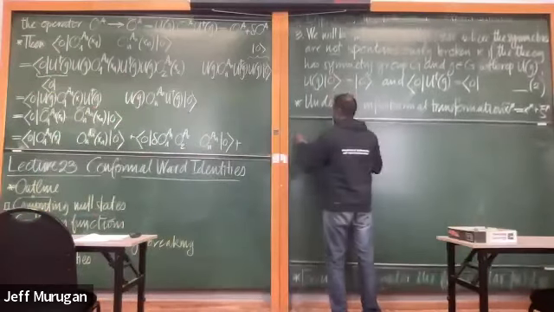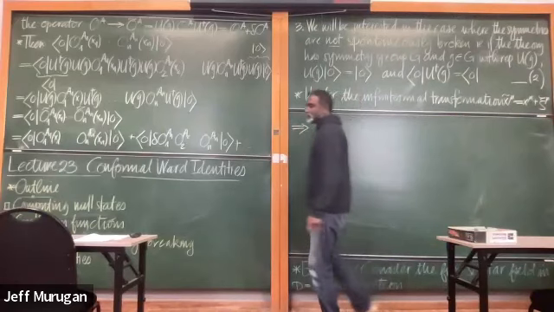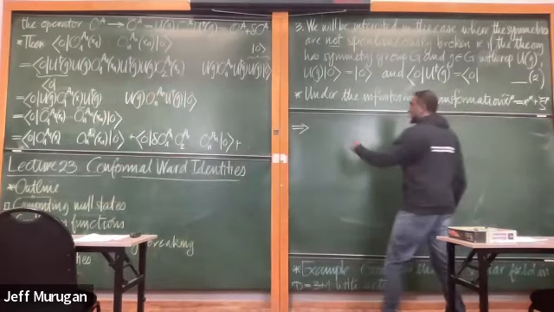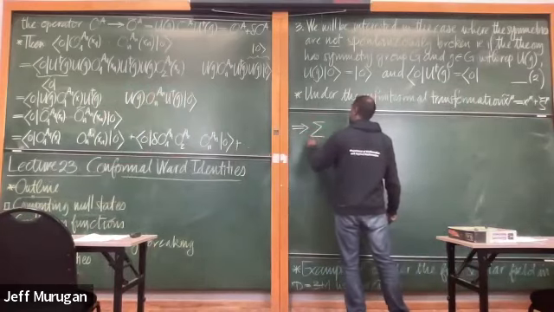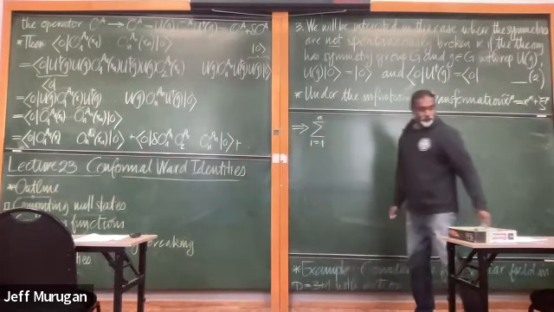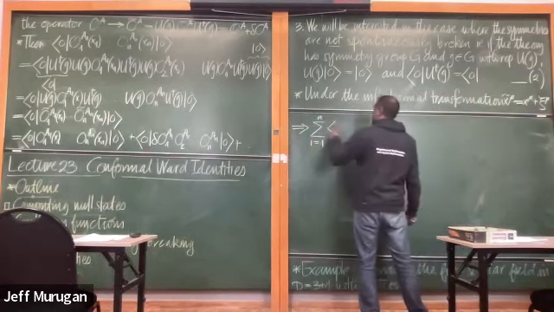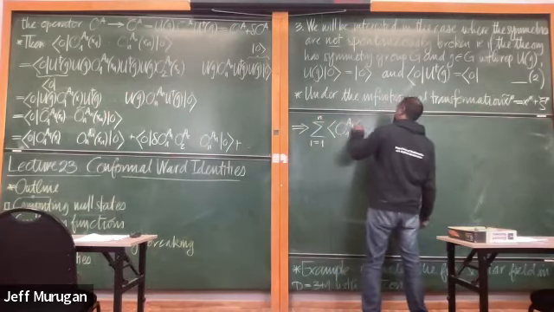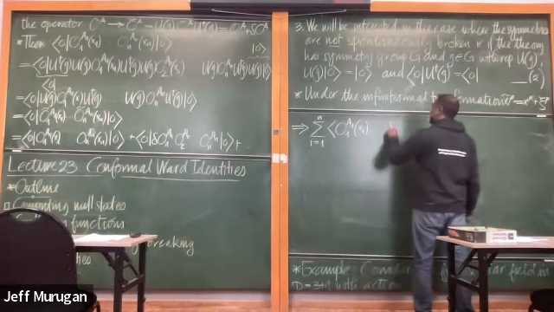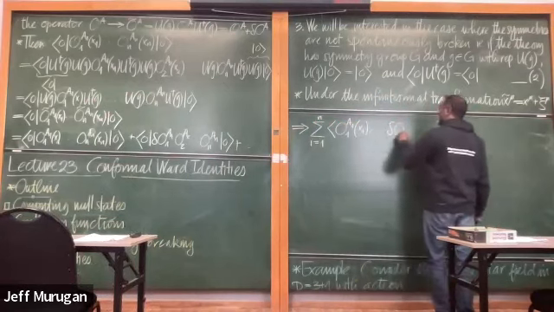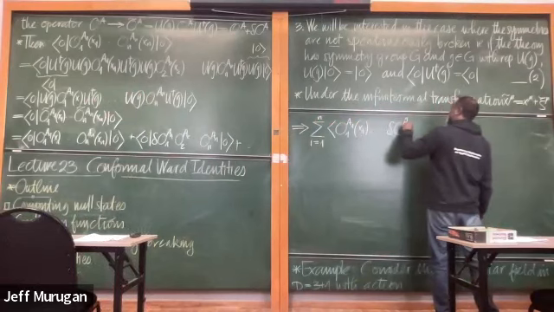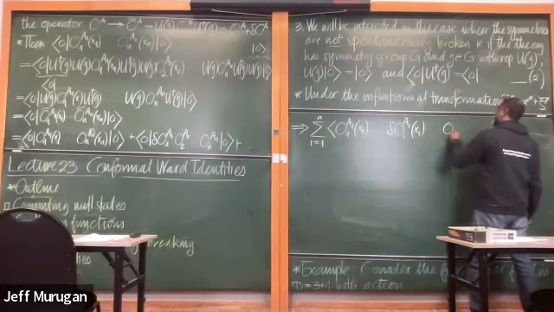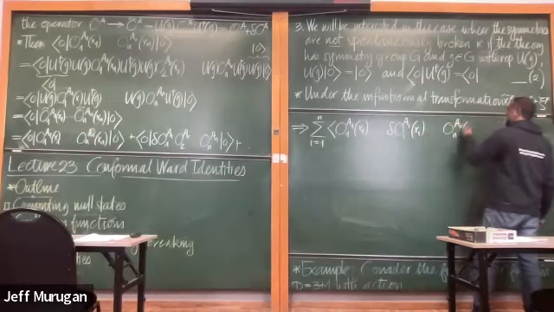So this necessarily means that the sum over i equals 1 to n of the correlator of O_{A1}^1 at x_1 through δO_{Ai}^i at x_i through O_{AN}^N at x_N.